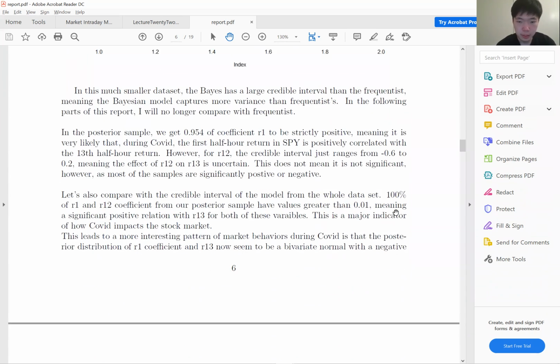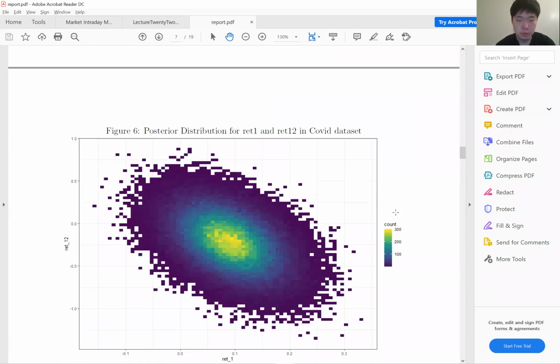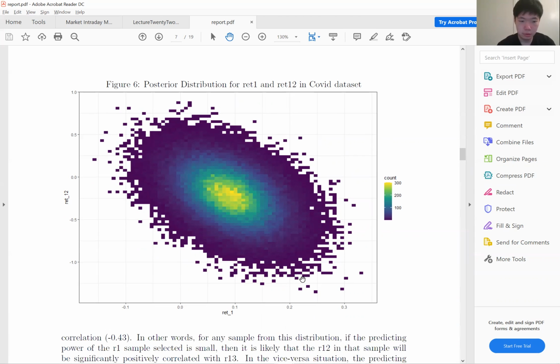Another interesting observation is that in the posterior distribution of return 1 and return 12 in the COVID dataset, there is a significant negative correlation of negative 0.43. This is interesting because it does not happen by chance.